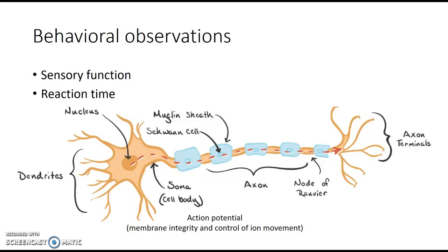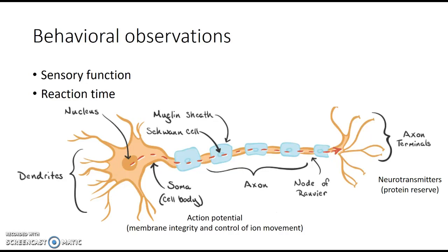And those are the action potential, for which we need to have good membrane integrity, so the membrane has to be maintained. It can't be getting broken down. And then also control of ion movement. That has to do with both protein production and the availability of ions. Normally we resupply them from our diet, and our renal system maintains normal levels.